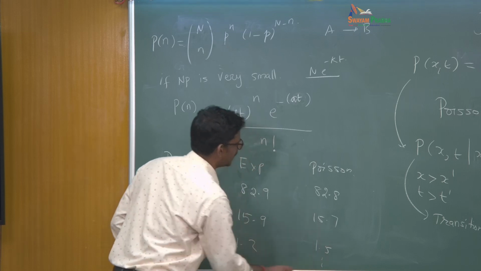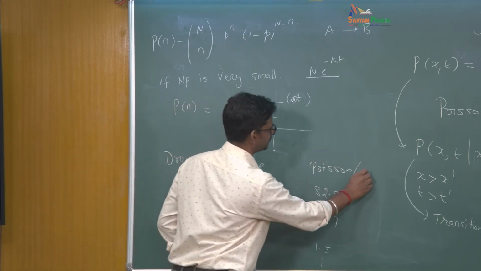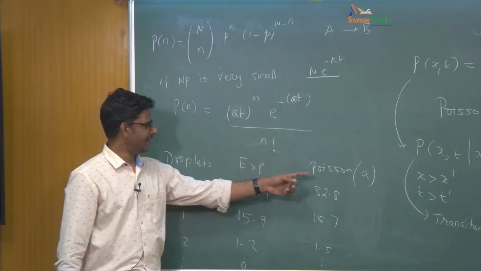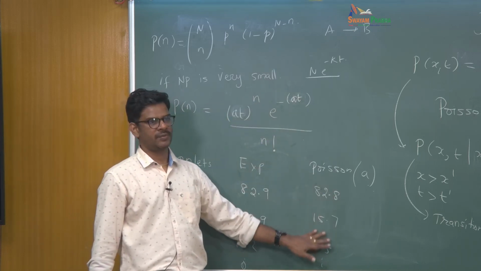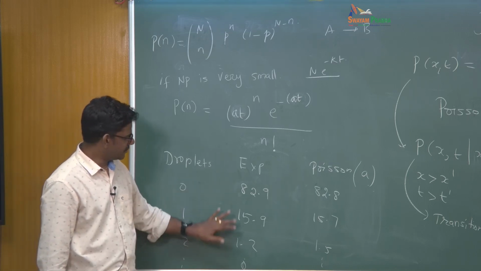For this they have to choose a particular A value. By fitting a particular A value and using this Poisson distribution, they predicted the probability of occurrence of 0 molecule, 1 molecule, 2 molecule droplets, and that nicely captured the experimental data.